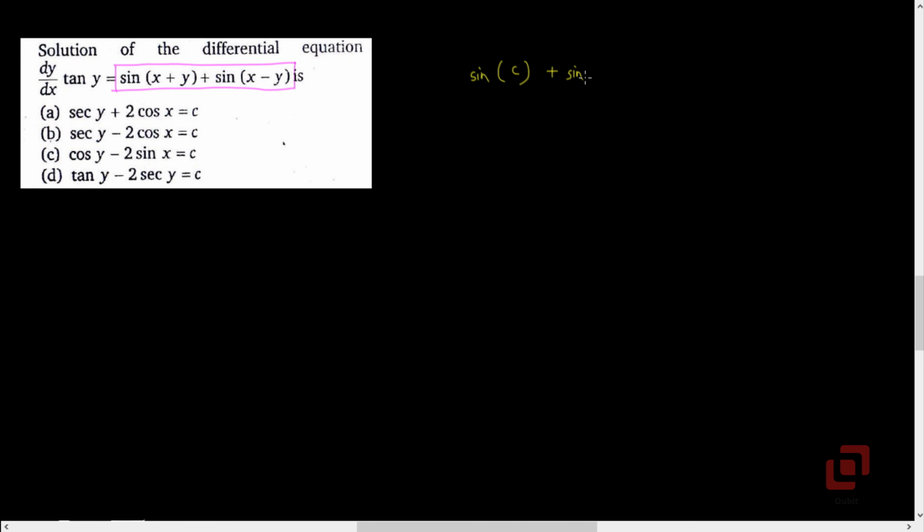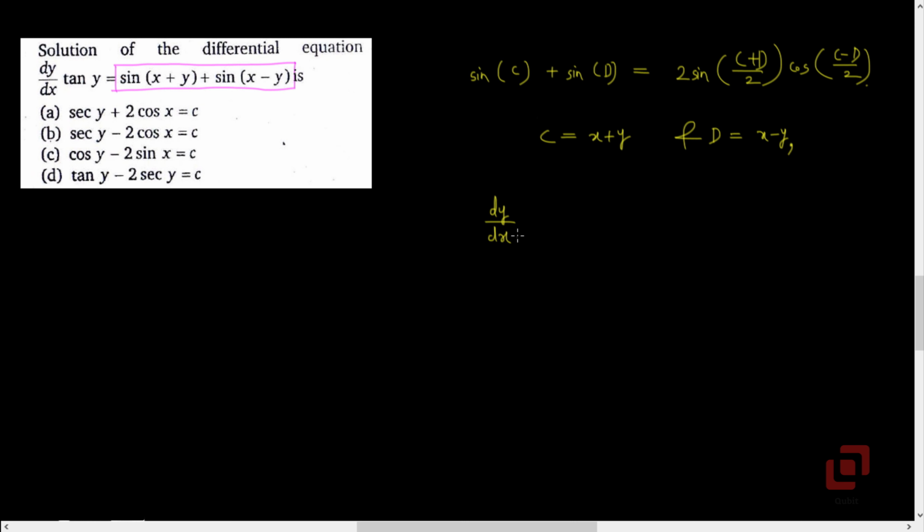We recall this formula from trigonometry. Sin c plus sin d is equal to 2 sin c plus d by 2 cos c minus d by 2. Letting c as x plus y and d as x minus y, the differential equation will take the following form. dy by dx is present on the left hand side.